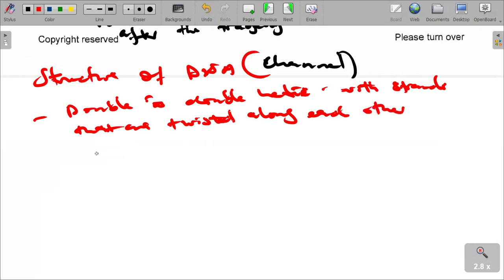Another thing is that DNA is made up of nucleotides.